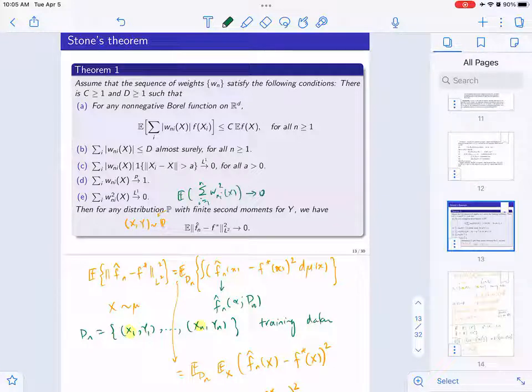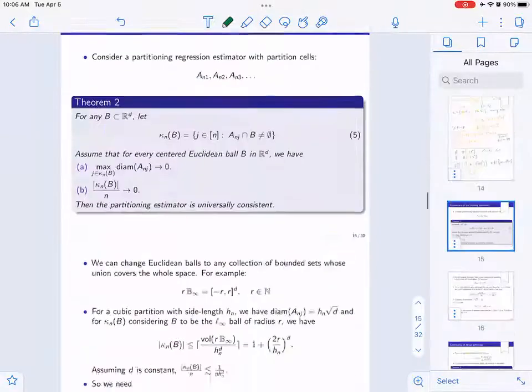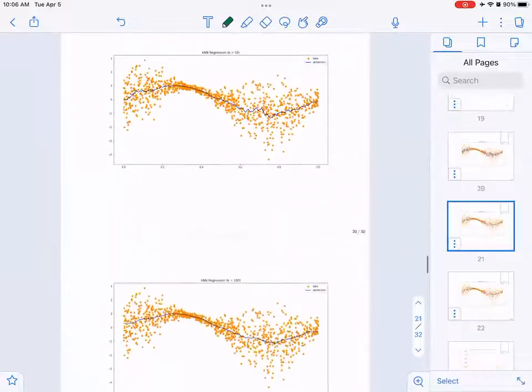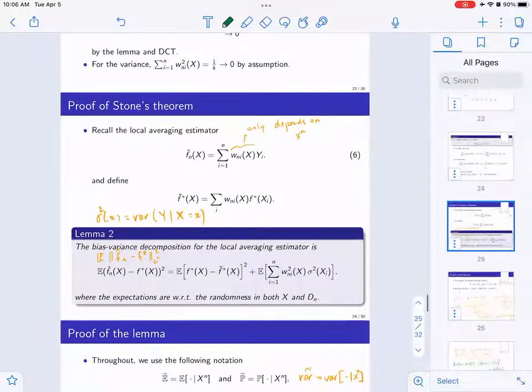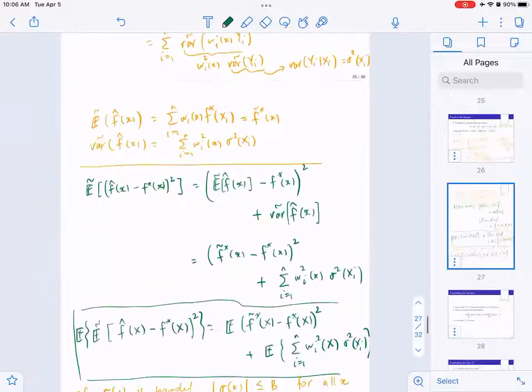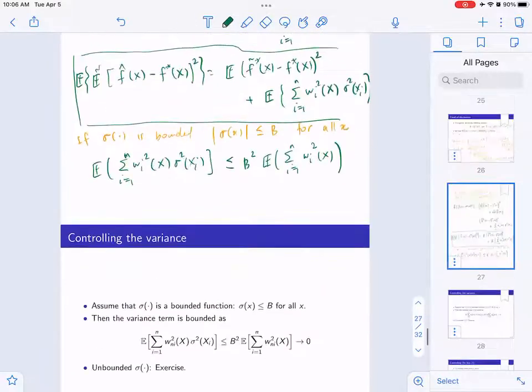That's exactly what we have there. So this condition guarantees that that goes to 0. This condition E is exactly there to control the variance. So this goes to 0 by assumption E.